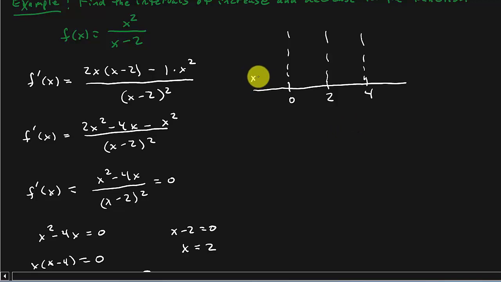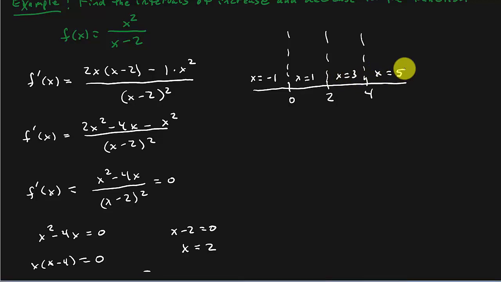I'm going to do x equal to -1, x equal to 1, x equal to 3, and x equal to 5.